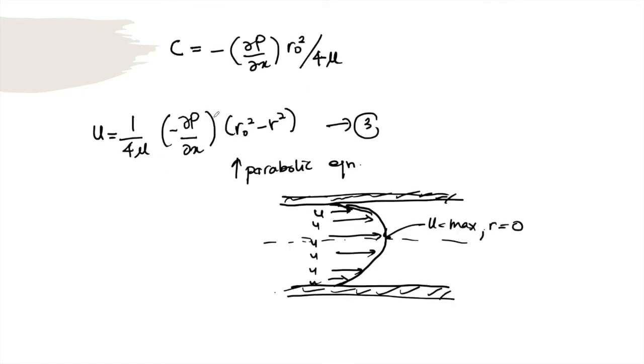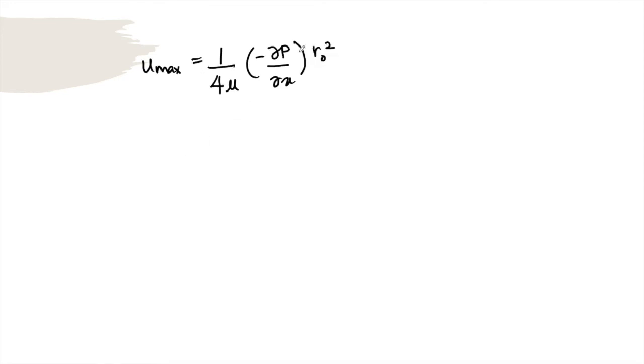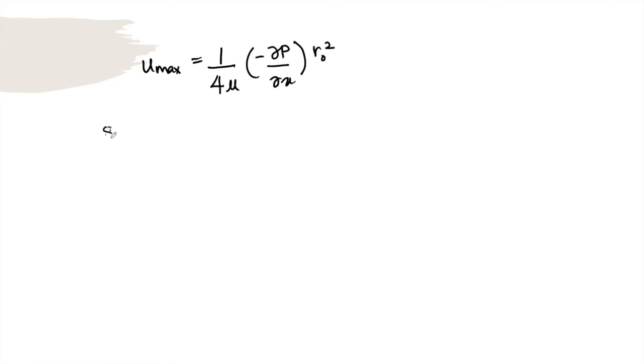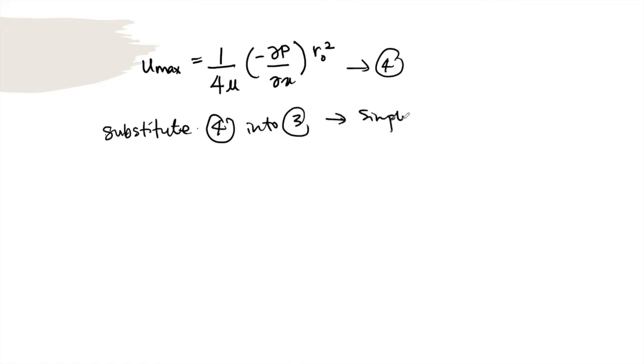Then you can substitute this equation into equation 3. I put it as equation 4 into 3, and then you simplify. So you will get that the u equation is u maximum times 1 minus r over R naught squared.